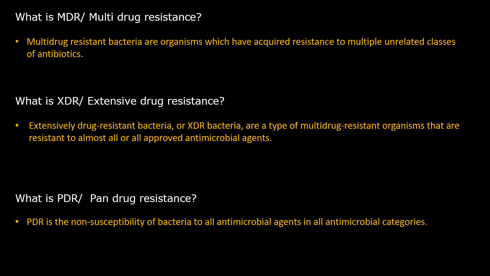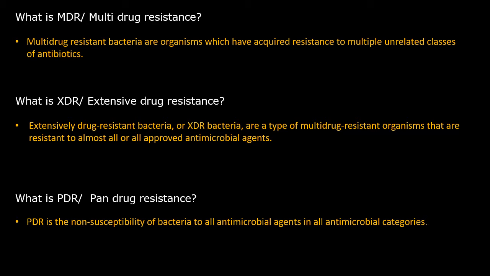So let's start. In one line, if you want to define MDR or XDR or PDR, then here is the answer. If you get a question for say 1 or 2 marks, you can write this. First is MDR, that is multi-drug resistance. This means bacteria or organisms which have acquired resistance to multiple unrelated classes of antibiotics.